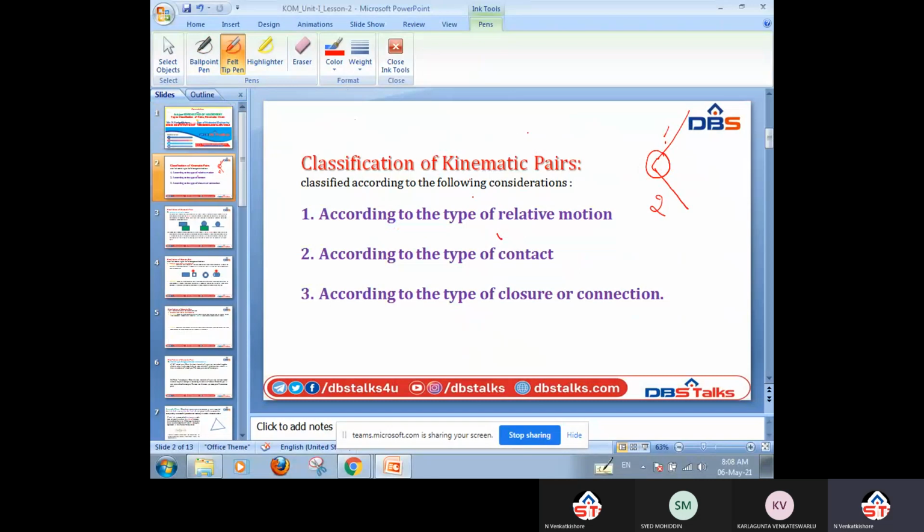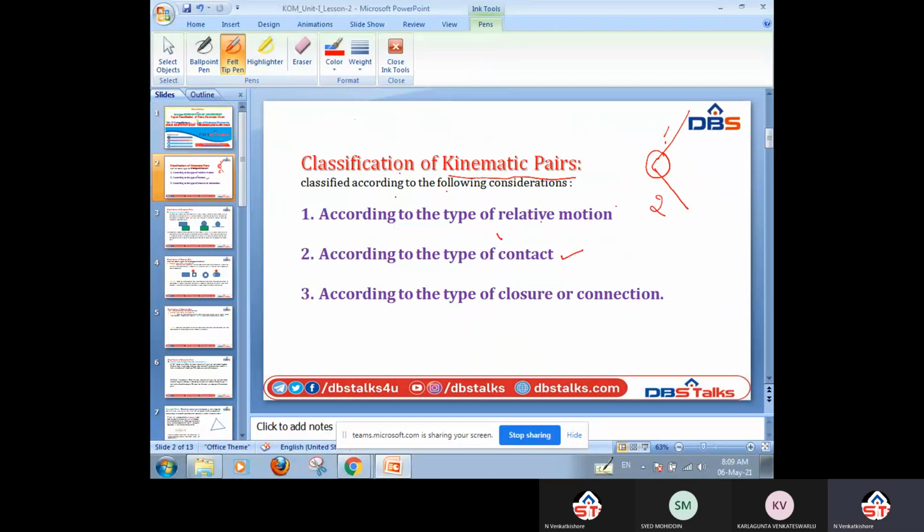Then these are all the classification of kinematic pairs. These pairs have classification depending on three conditions. The first condition is according to the type of contact, that means the two links having some contact. Depending on their contact, we are classifying the kinematic pairs.